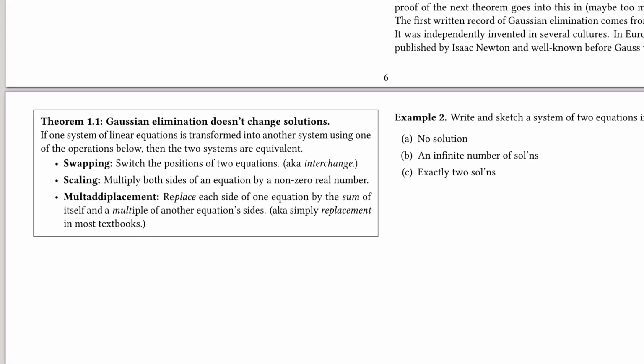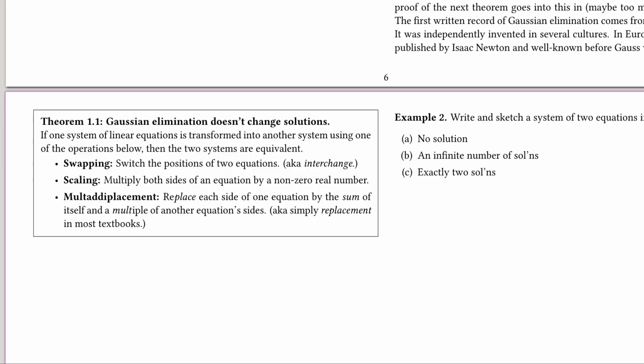All right, so let's go into exactly what we mean by Gaussian elimination. Specifically, what are the three things you're allowed to do in Gaussian elimination, and also talk about why it works.